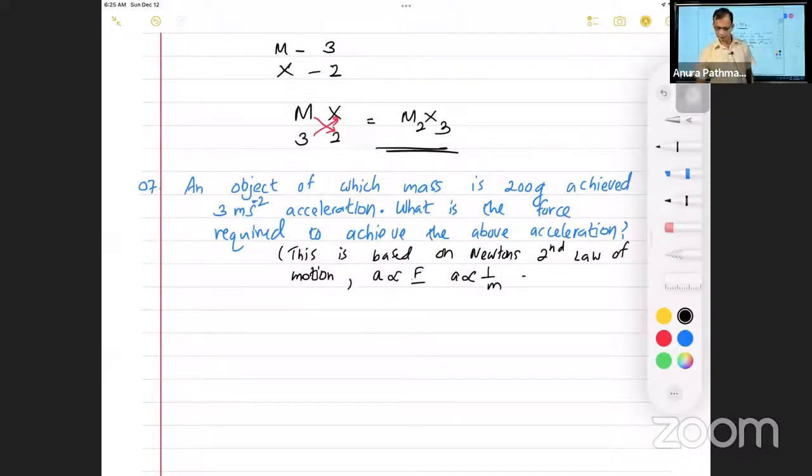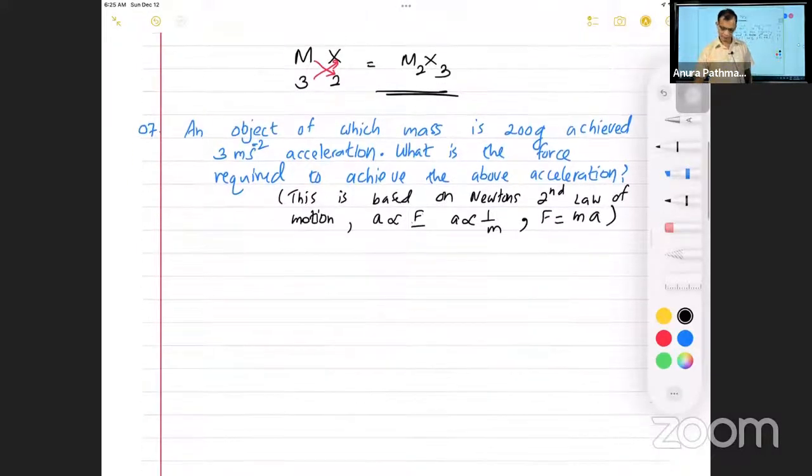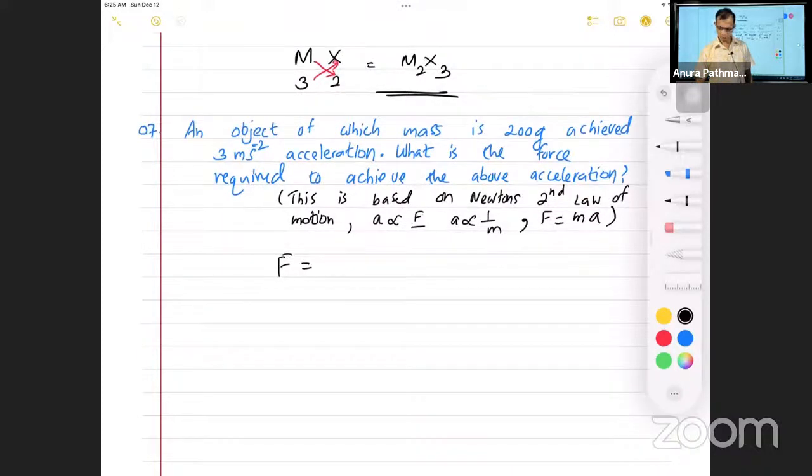From there we can make F equal ma and then apply that. Force required is equal to mass multiplied by acceleration. The mass is 200, and if you are proceeding with 200 grams, you have to convert into kilogram, because in physics we don't consider grams, it is kilogram.